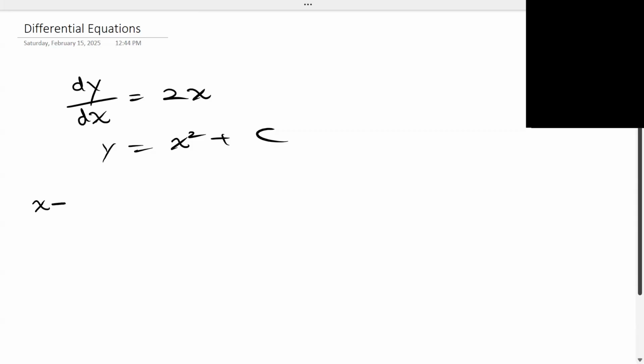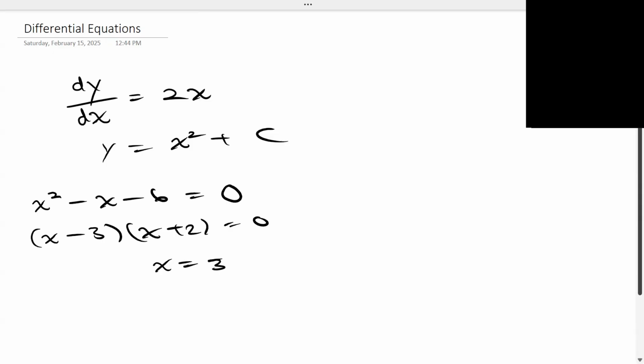Another equation that you may be familiar with is a quadratic equation, like x squared minus x minus 6. Now, unlike the previous equation, there are two solutions to this, right? So if we factor this, it goes x minus 3 and x plus 2, right? So it's either x equals 3 or x equals negative 2. Both satisfy this equation.